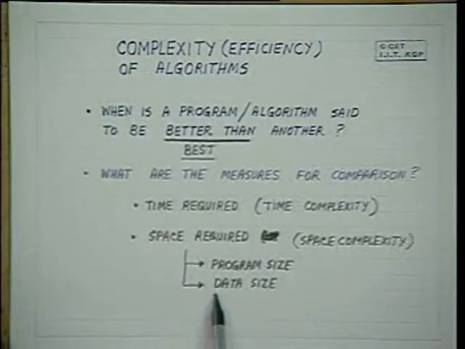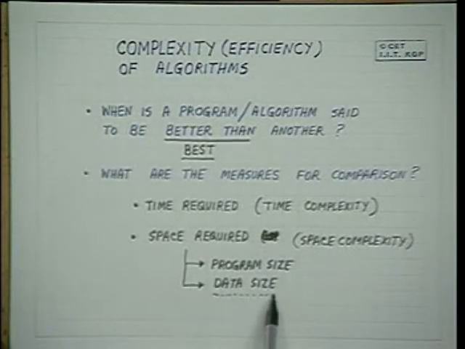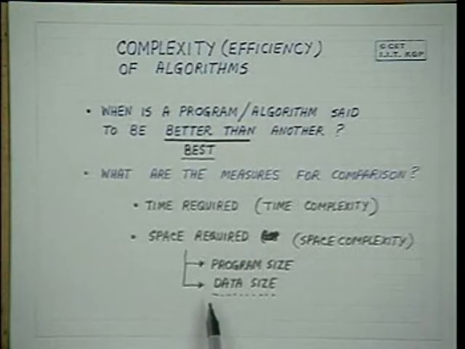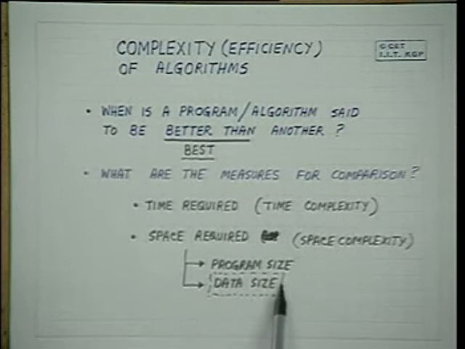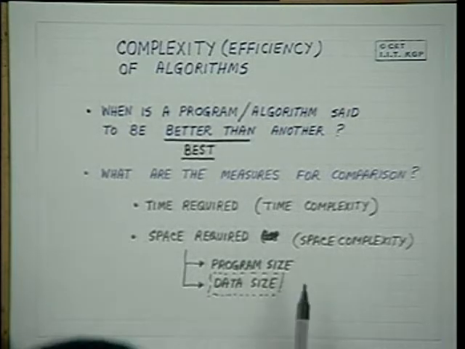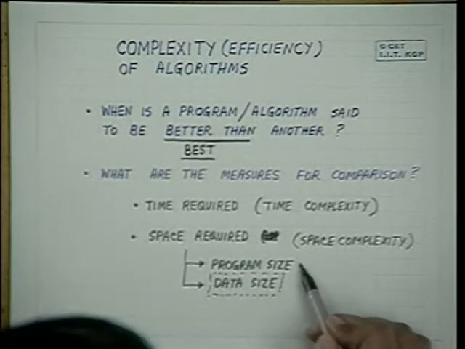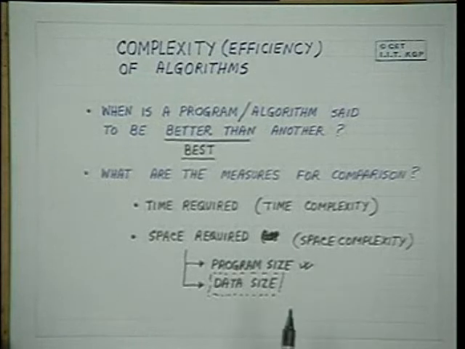And remember, this data size may be dynamic in nature. You may continuously acquire data dynamically and then release the data also. On the other hand, the program size usually remains constant.